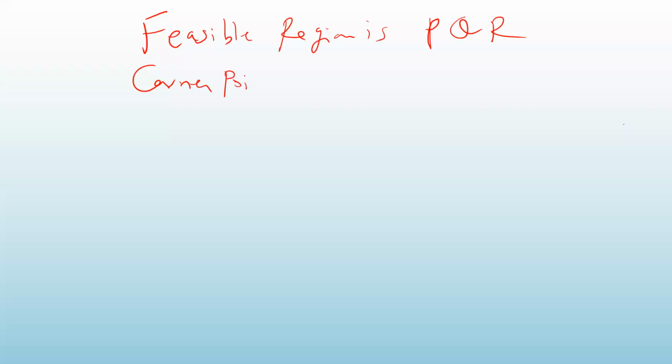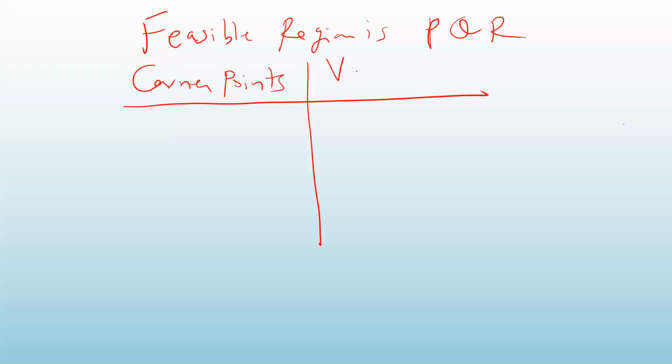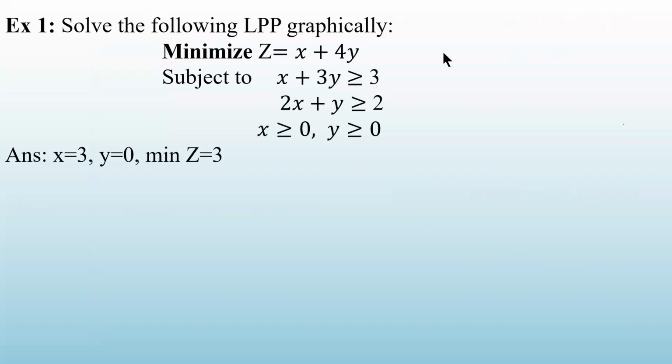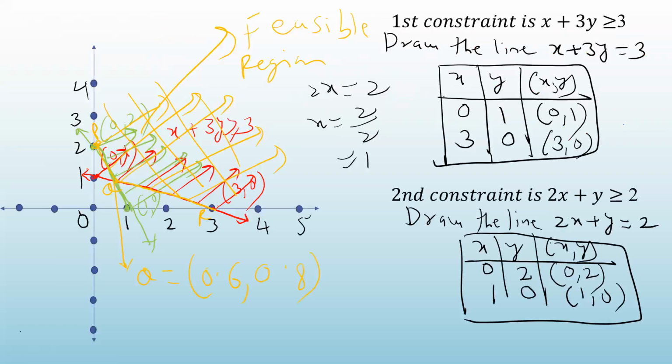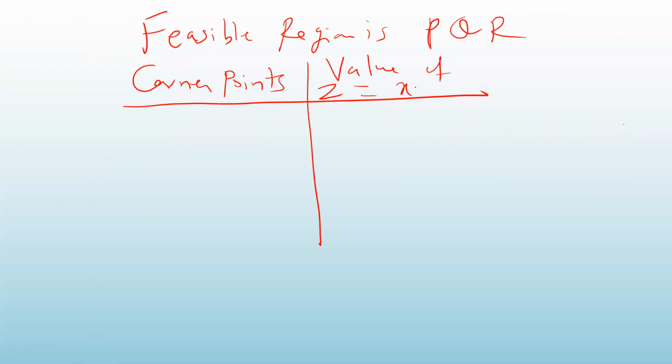These are the corner points, with the value of Z. What is your objective function here? Z equals x plus 4y. So the first point P, Q, and R.